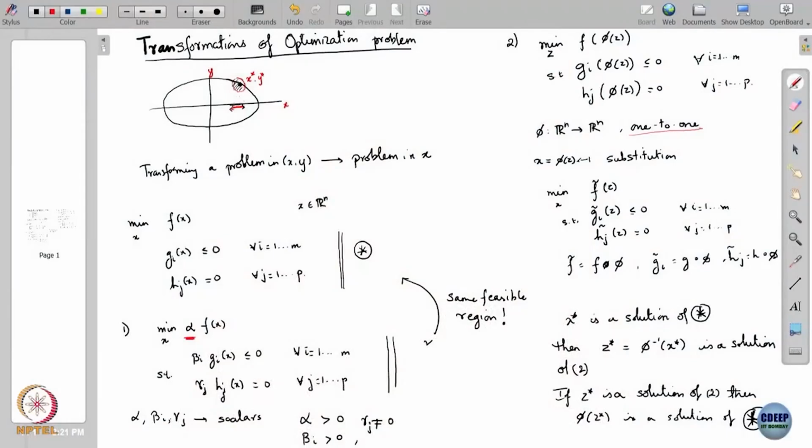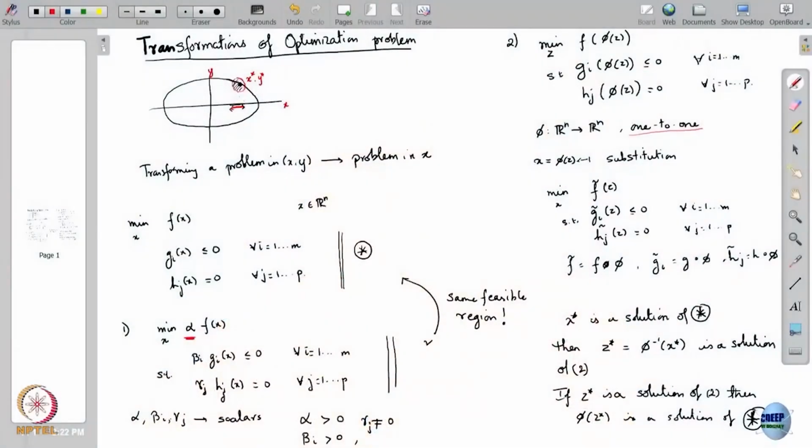One is the feasible region, second is the objective. If I make this transformation x equal to phi of z in 2, what I am doing is just evaluating f of x at some other point. So, objective is not so much of a concern here.